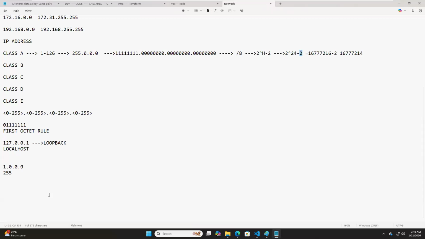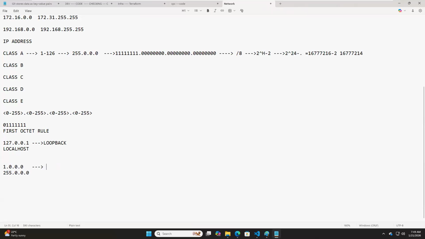Coming back to the subnet mask, the subnet mask tells the IP address that the first octet is the network octet and the remaining 3 octets are the host octets. In the host octets, if you have the number 0, then that is called the network ID.